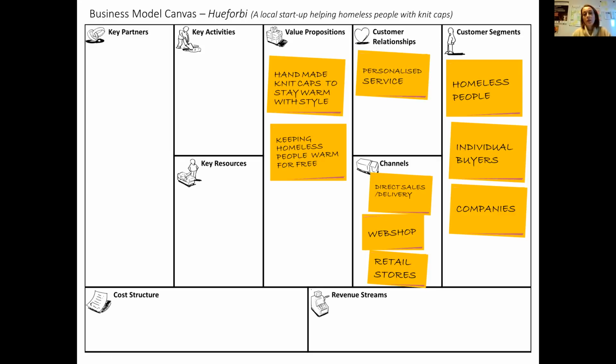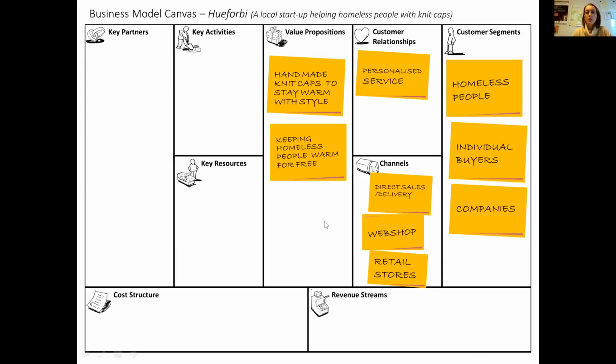So we provide them a personalized service. We go sit with them, talk with them, and we go with our own knit caps, and they just pick the one they like. So this is the only way of relationship that came to my mind. And if you have any idea, you can always provide.